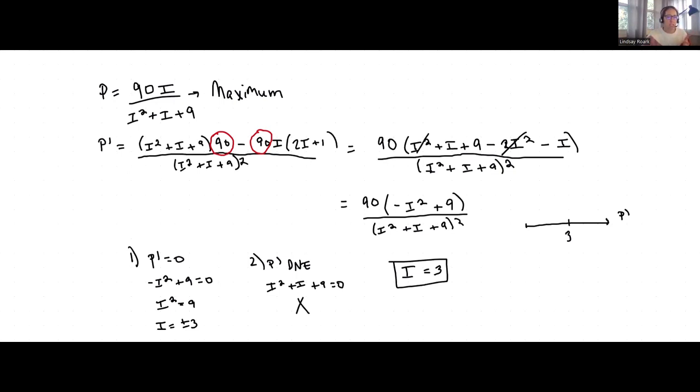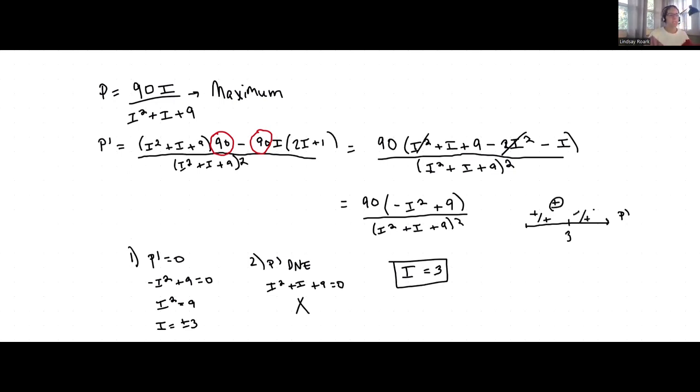I think we would see that it is increasing. It would be positive because it would be essentially positive divided by a positive. If I plugged in something like 1, and then something bigger than 3, like 4, that would make the numerator negative, and the bottom would always stay positive.